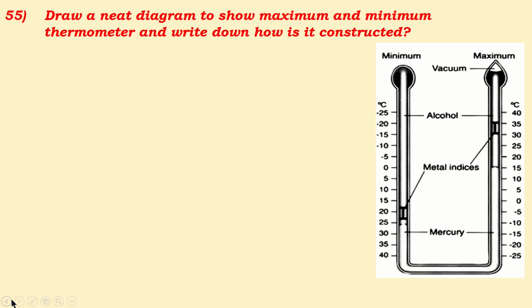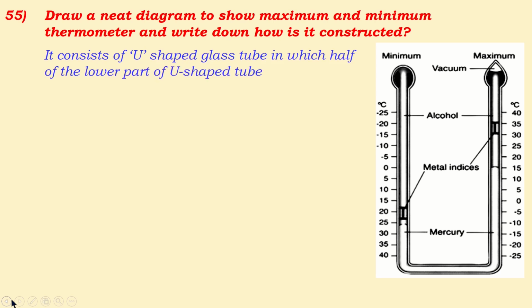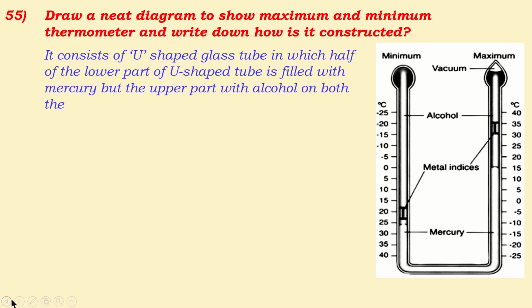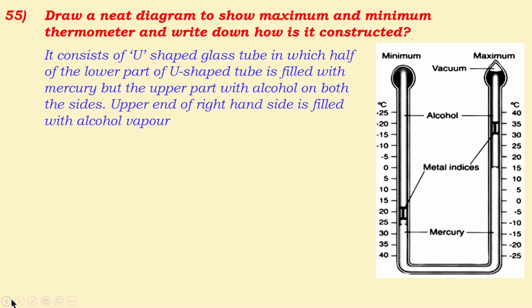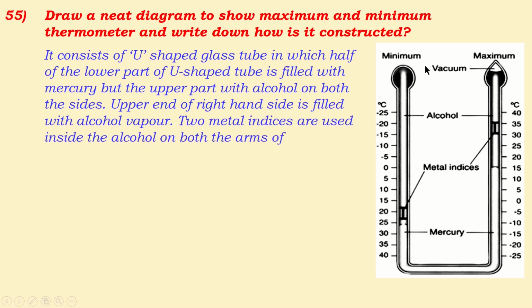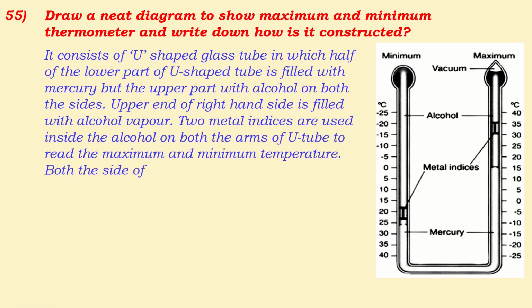Now how can we explain its construction? Look at this. It consists of U-shaped glass tube in which half of the lower part of U-shaped tube is filled with mercury, but the upper part with alcohol on both the sides. Upper end of right hand side is filled with alcohol vapor. Here two metal indices are used inside the alcohol on both the arms of U-tube.